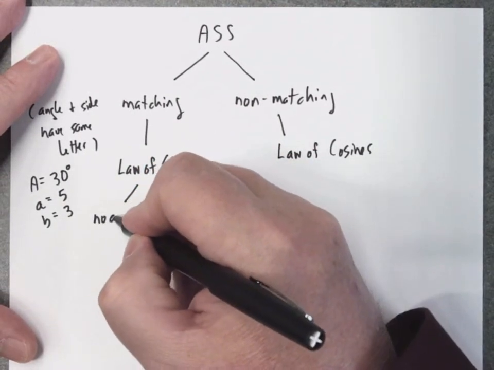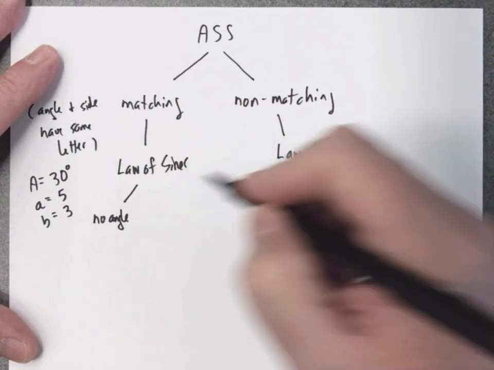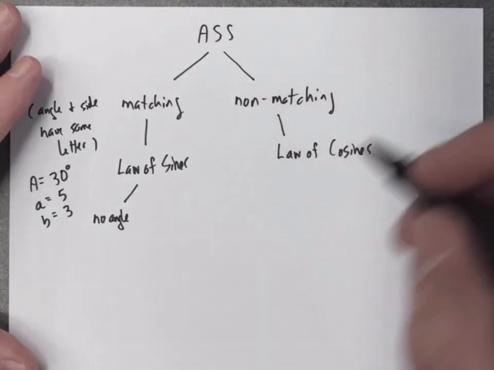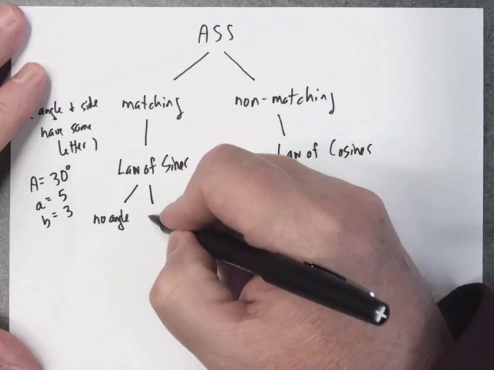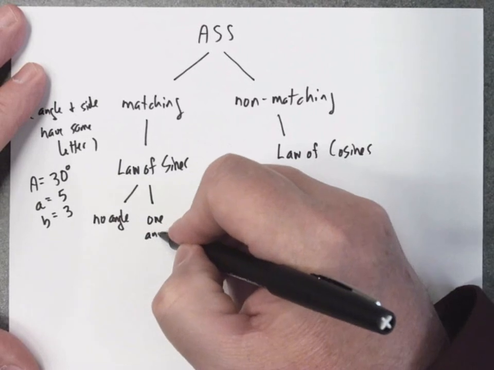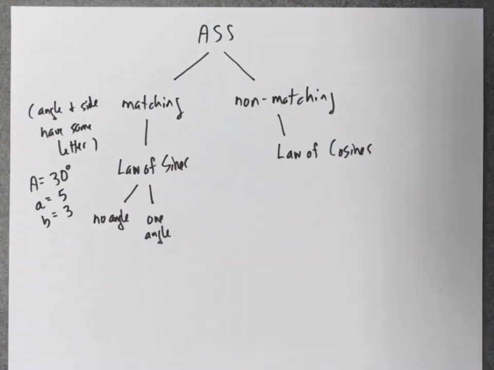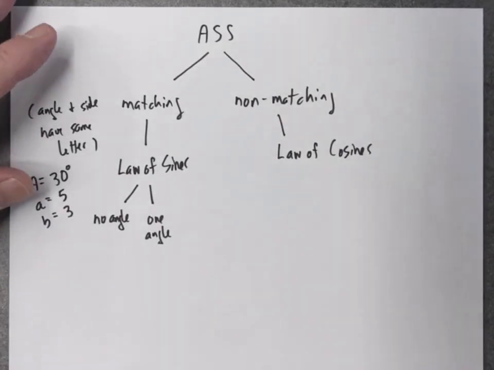Sometimes it turns out with the information you're given, you cannot form a triangle with that information. So we say there's no triangle. Then other times, when you start doing the work, you find out that there's actually 1 triangle that has this information as a part of it.